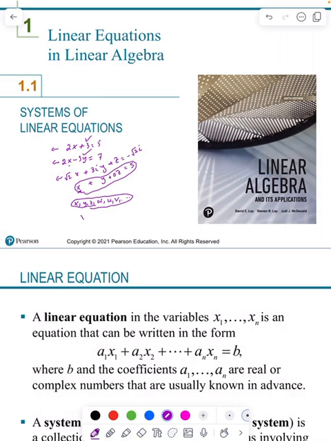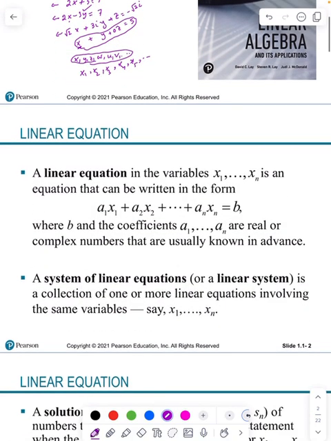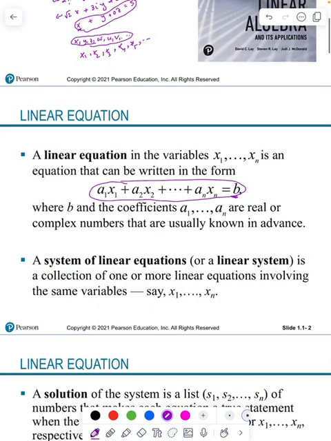Instead of taking x, y, z, we are going to take x1, x2, x3 when we have an equation of 3 variables, and then we can add on x4, x5, and so on. So an equation in n variables looks like this, where a1, a2, all the way to a sub n, and the number b on the right side are all real numbers or can be complex numbers.